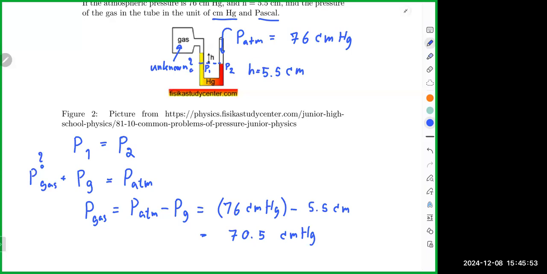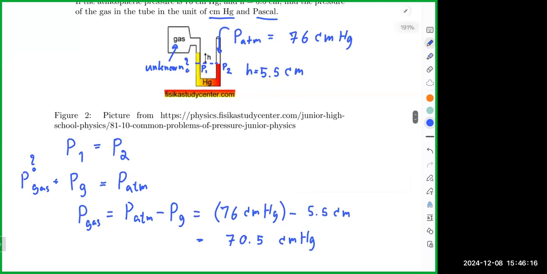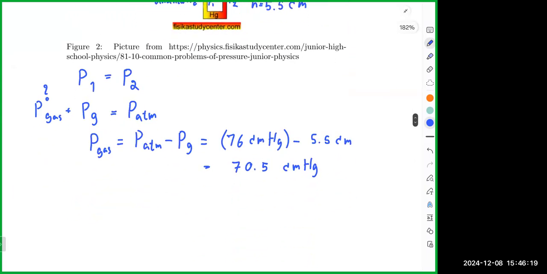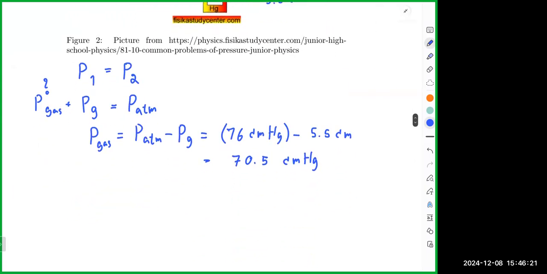This is the pressure of the gas. This gas has lower pressure than the atmosphere. You can change the unit into Pascal. It's very easy. You can do it by yourself.